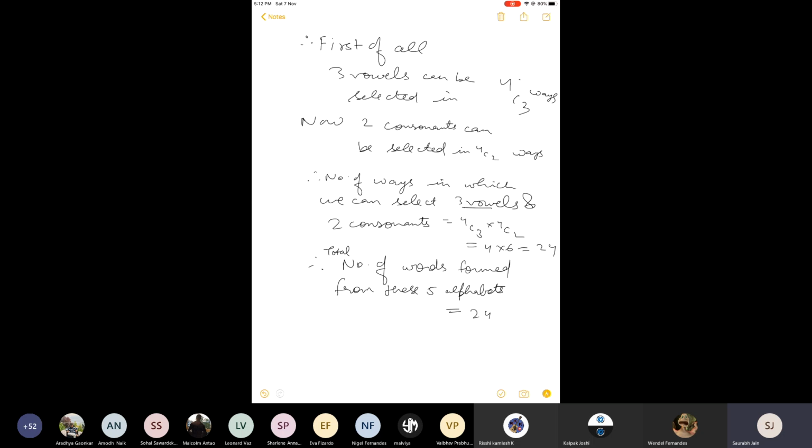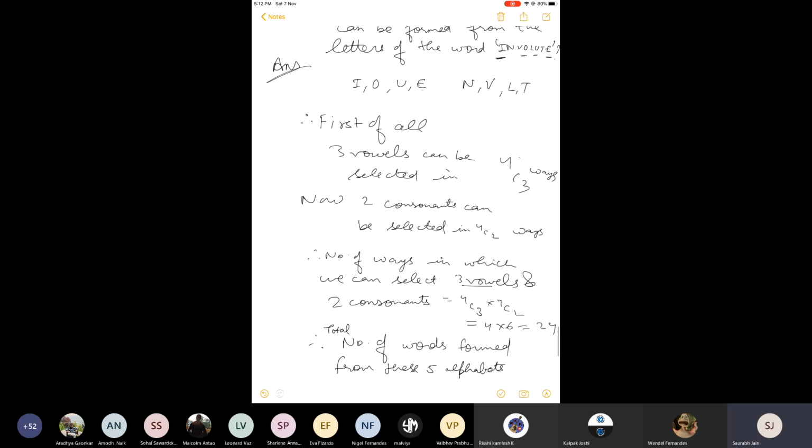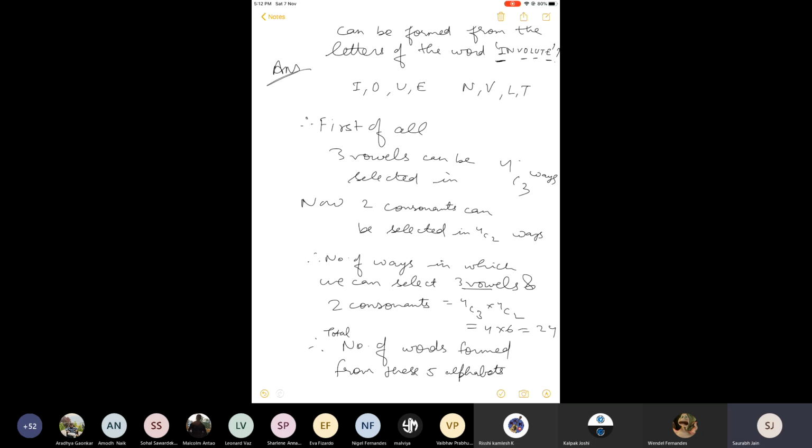24P5? Not 24P5. You don't have 24 objects. 24 is the number of ways in which you can select five objects, right? You know what this 24 is? It may be like that. See, you may have alphabets I, O, U, and you may have these consonants N and V. So I, O, U, N, V, this is one way.